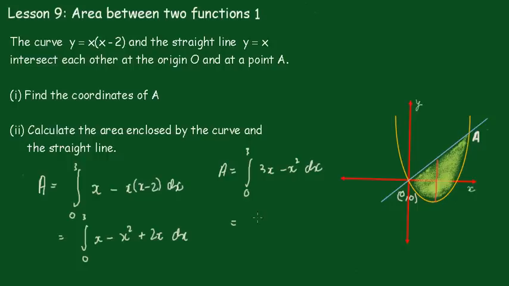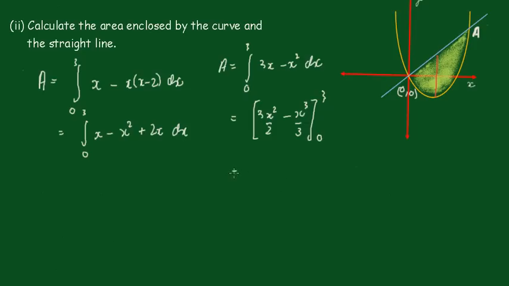Integrating that, this becomes 3x squared on 2 minus x cubed on 3, between 3 and 0. Now continuing on, we'll put those values in.